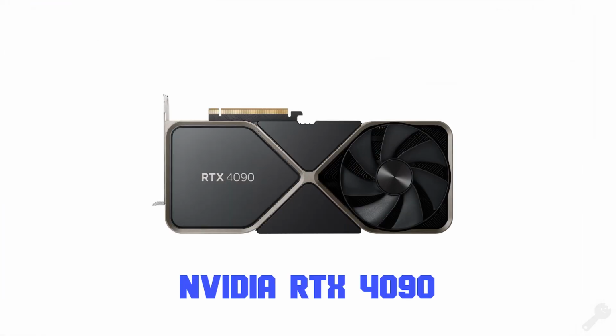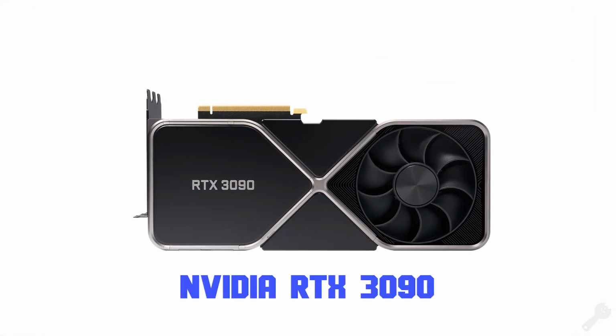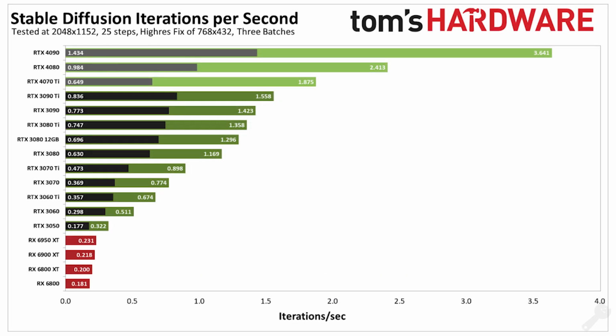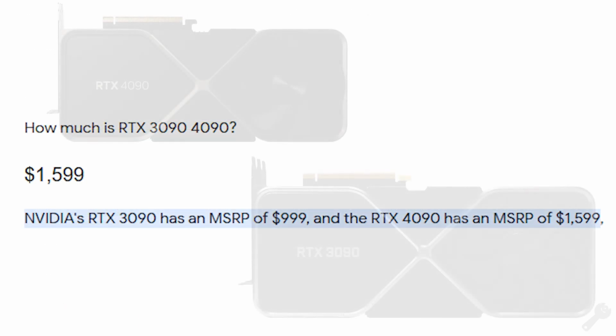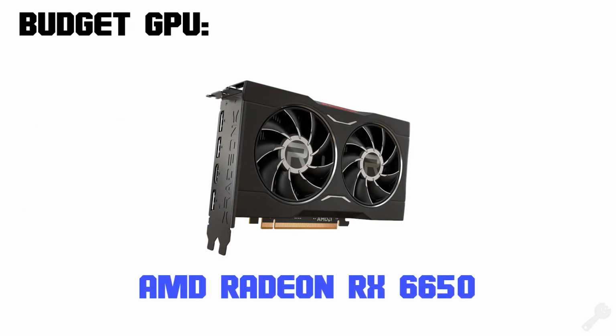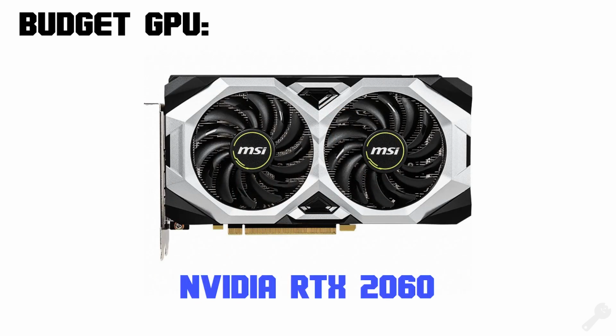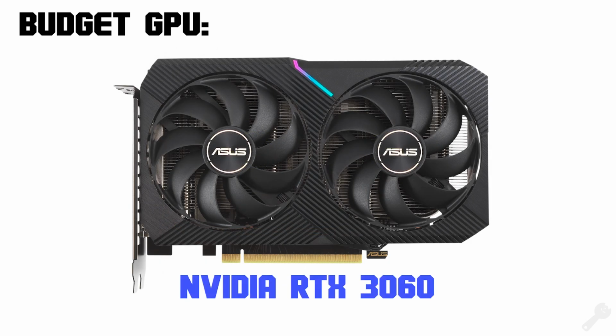GPUs like the RTX 4090, RTX 3090, to name a few, are the most discussed GPUs when it comes to speed of output for Stable Diffusion. But these GPUs cost thousands of dollars. But you don't have to worry, because there are budget GPUs like the RX 6650, RTX 2060, and RTX 3060, which is the one I'm using right now.